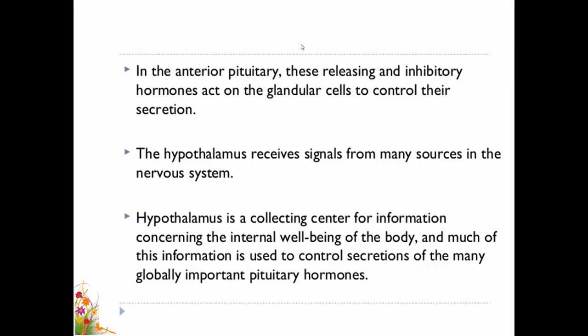Simply, the hypothalamus is collecting information from the body, and with that information, it is secreting hormones and giving nervous signals, and the anterior and posterior pituitary then secrete their hormones. Okay, please try to understand the pathway.